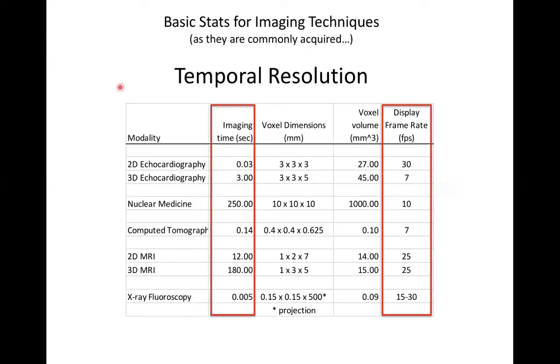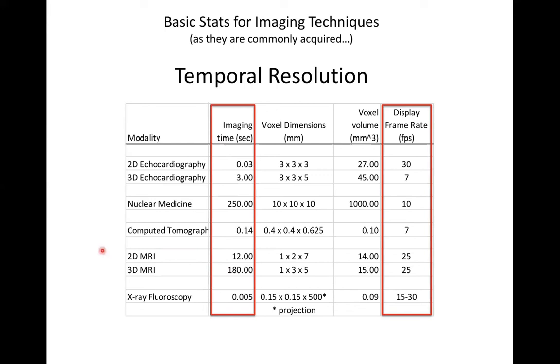Looking at temporal resolution, going back to our first lecture, this is the only thing we're going to talk about in terms of temporal resolution. This is a topic for a whole course, right? Because remember, when we looked at the time it took to create an image over all of these imaging modalities, it was remarkable.